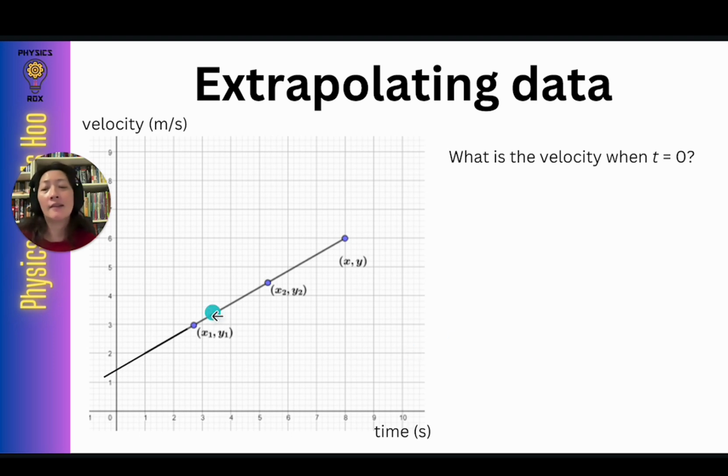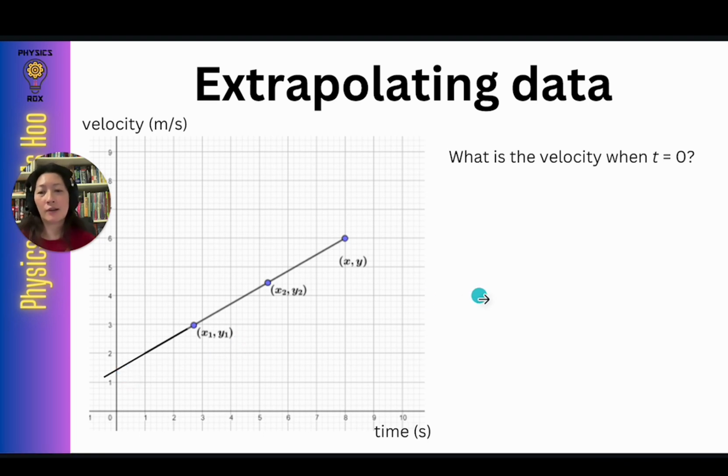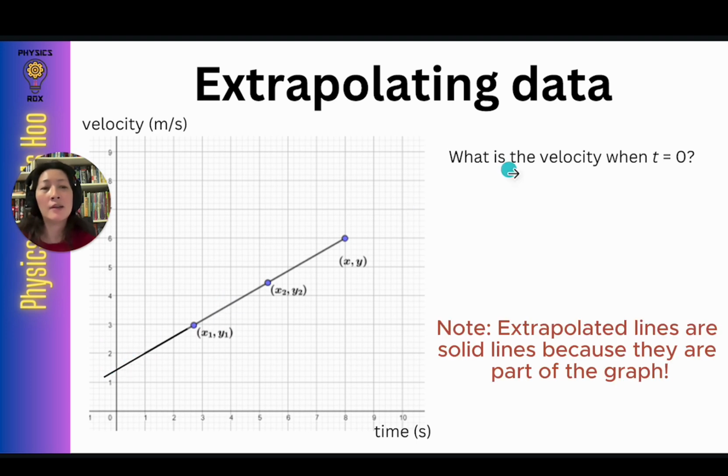Now we can determine the value of the velocity when t is 0. By looking this up, you can see the number here is about 1.4 meters per second. You must show the line that you have extrapolated here in order to get the number to answer this question. Value here is 1.4 meters per second.